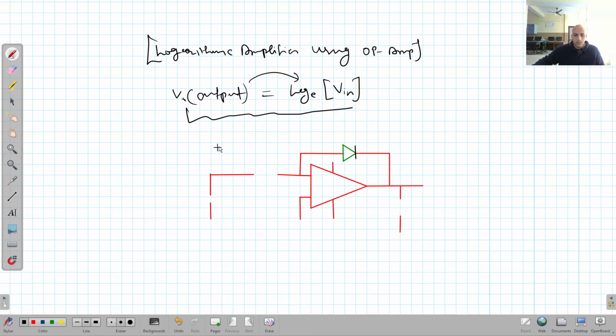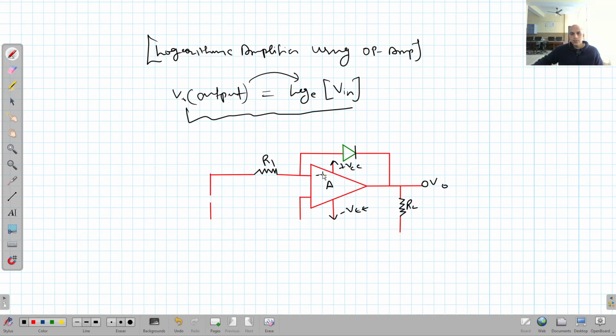Now I'm going to put the values, put the resistances in the circuit. This is R1, right? This is RL, the load resistor. This is V output, plus VCC, minus VEE, the supply voltages.